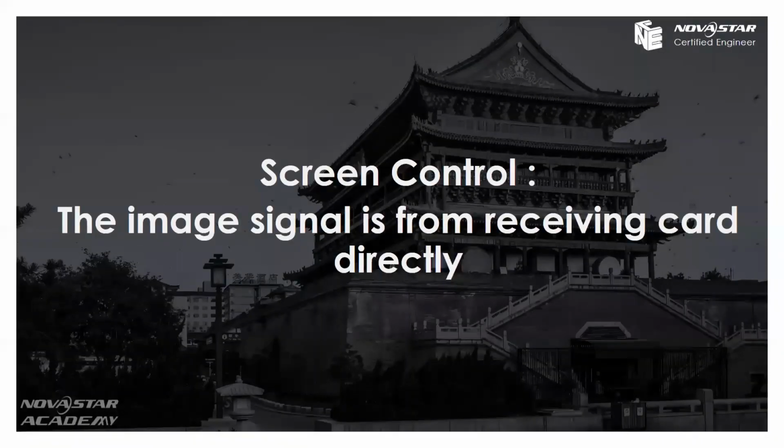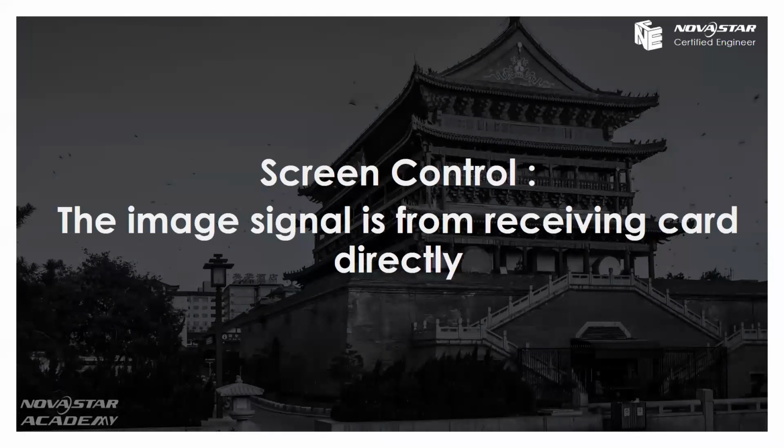For the screen control, the image signal is from the receiving card directly. So when we use the screen control to send some commands, like pure color red, green, blue, to your cabinets, the signal is from the receiving card directly, just like pressing the self-test button on the back side of your cabinet. Sometimes when we're doing the onsite installation, especially with a fine pitch cabinet, we need to confirm whether these cabinets have some dead pixels or not.